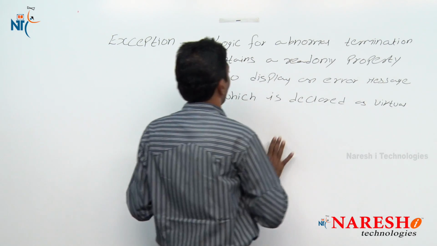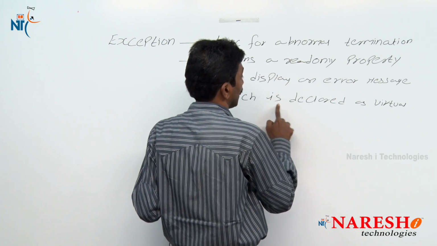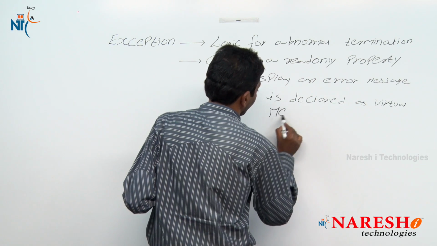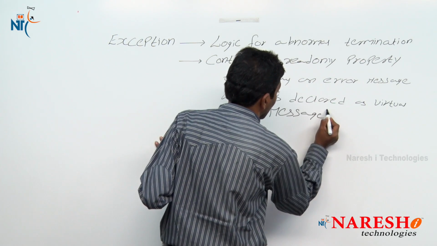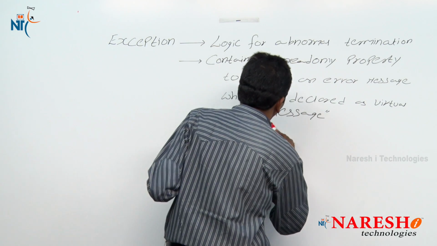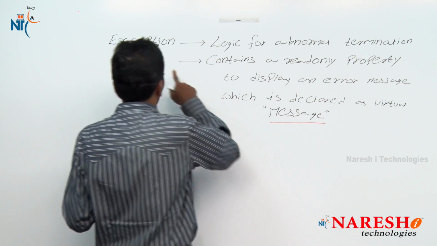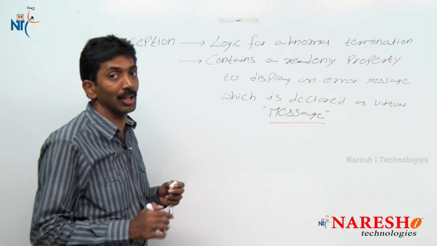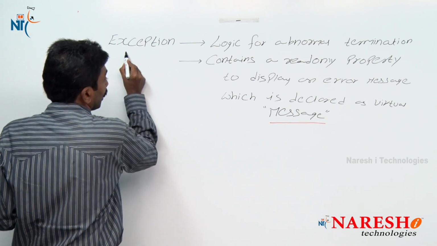Logic for abnormal termination, and also a read-only property to display an error message which is declared as virtual, and the property name is Message. Message is the name of the property. So this read-only virtual property present inside the class Exception gives a chance for child classes to override. This is the first thing they did. Next, what is the next thing? Under this, two classes are defined.